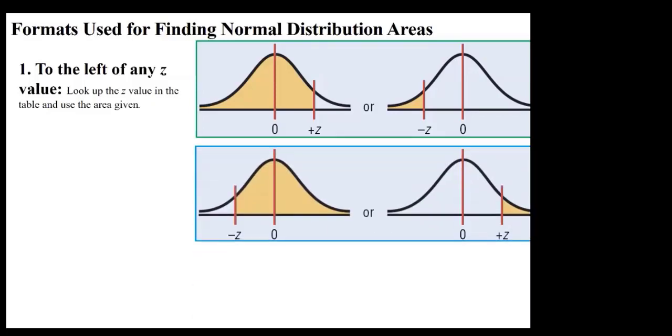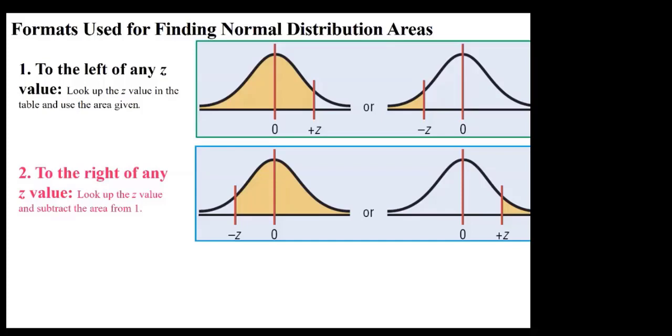Now, to the right, look up the Z value and subtract the area from 1. One of the things that happens when you look up a table, if you get comfortable with that and remember the concept of symmetry, is that the tables are different in different texts. In some texts, the tables go from 0 to infinity, and you have to adjust accordingly.